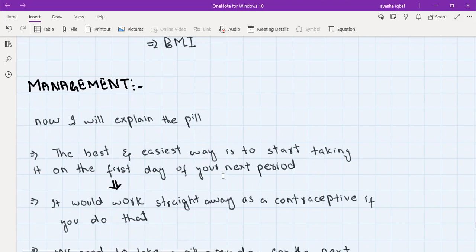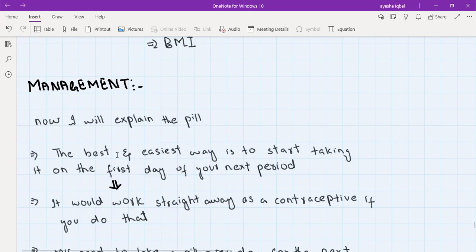Okay, so for example, if she is on day 14 of her menstrual cycle, if her last menstrual period was like 2 weeks ago, and she says that no, doctor, I don't want to wait till my next period, then we'll tell her that okay, you can start taking the pill from today, but you need to practice barrier method of contraception for the next 7 days because the pills will not be effective right away. So she needs to use the barrier methods for the next 7 days while taking the pill.